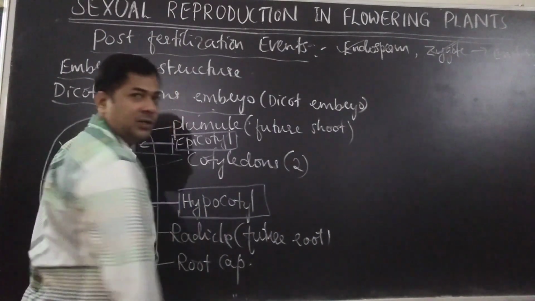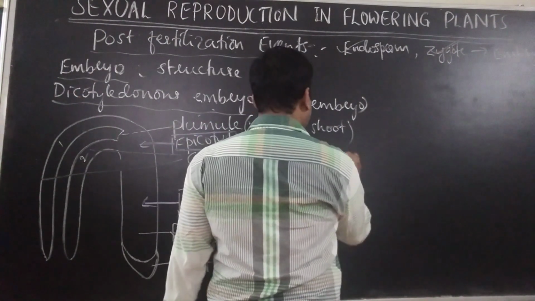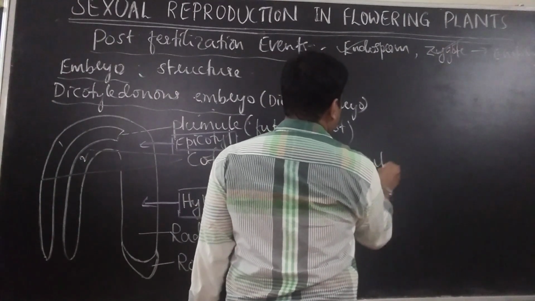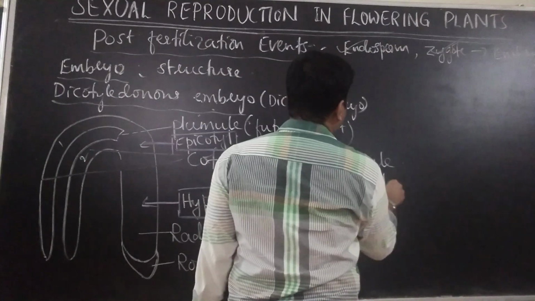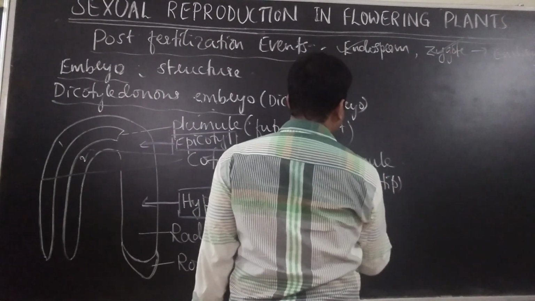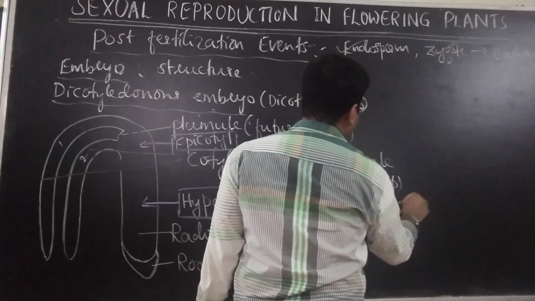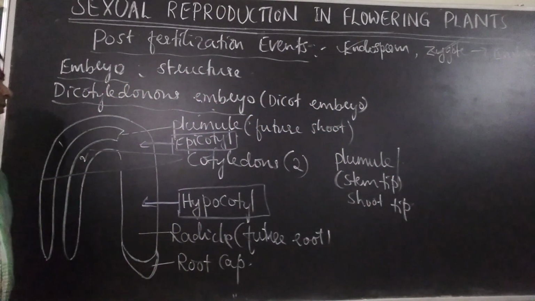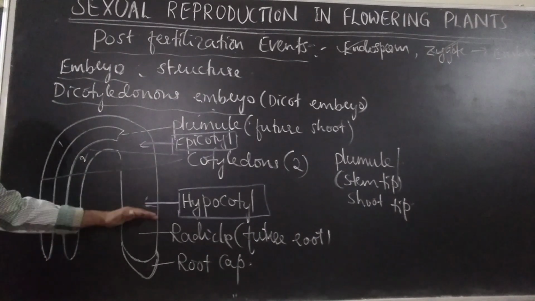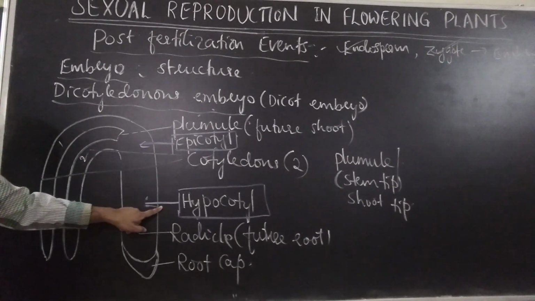The plumule part, what is that? Plumule. It is also called stem tip or shoot tip. Then the lower part is called hypocotyle.